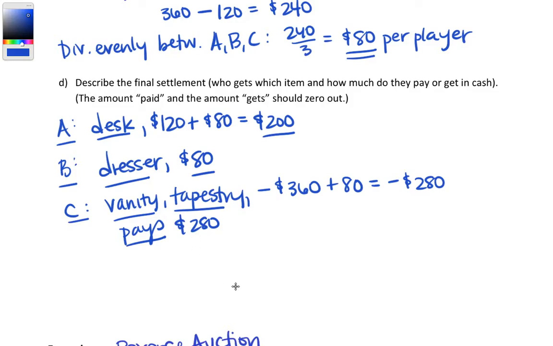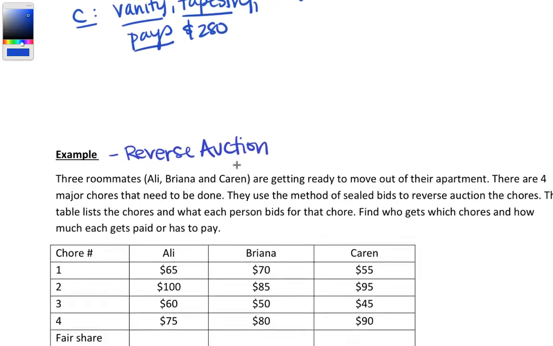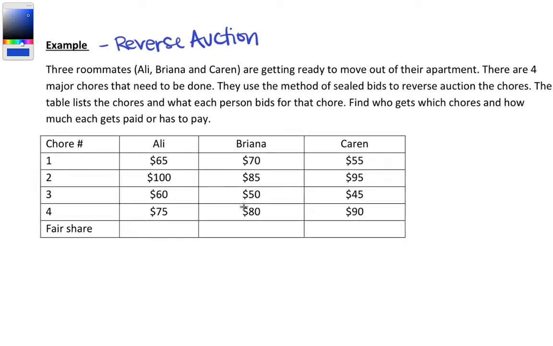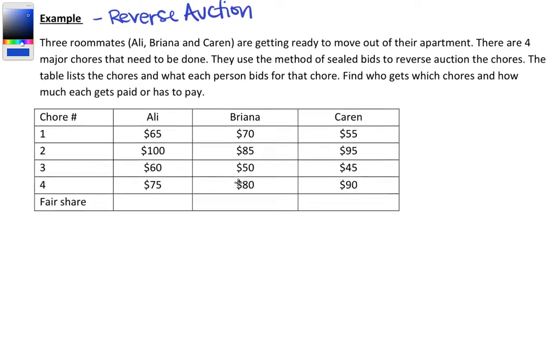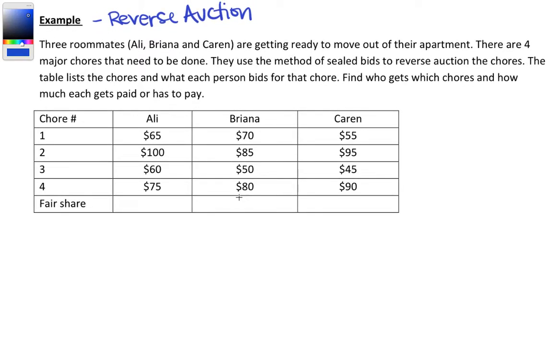Okay, now we're going to do one more example from this section, and it is still using sealed bids, but it is using a reverse auction. So now, instead of bidding to get an item, people are bidding on things that they do not want. So instead of highest bid getting it, it's going to be lowest bid getting it.